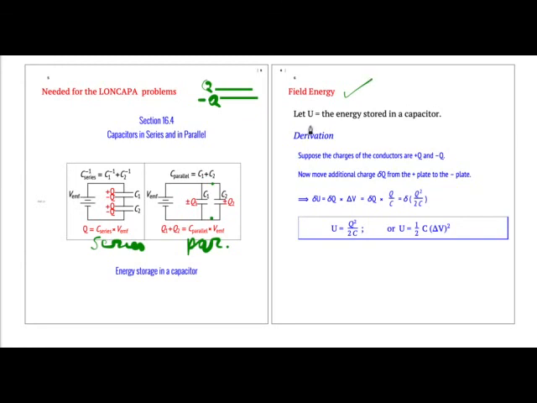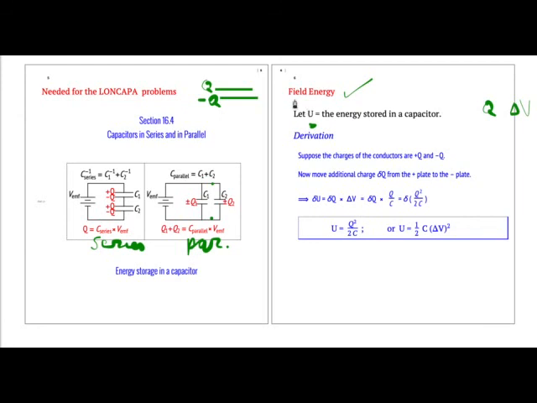We'll call it U. Let U be the energy stored in a capacitor where the capacitor has charge Q, or rather separated charges plus and minus Q, and potential difference delta V. So given those two quantities, what's the energy?